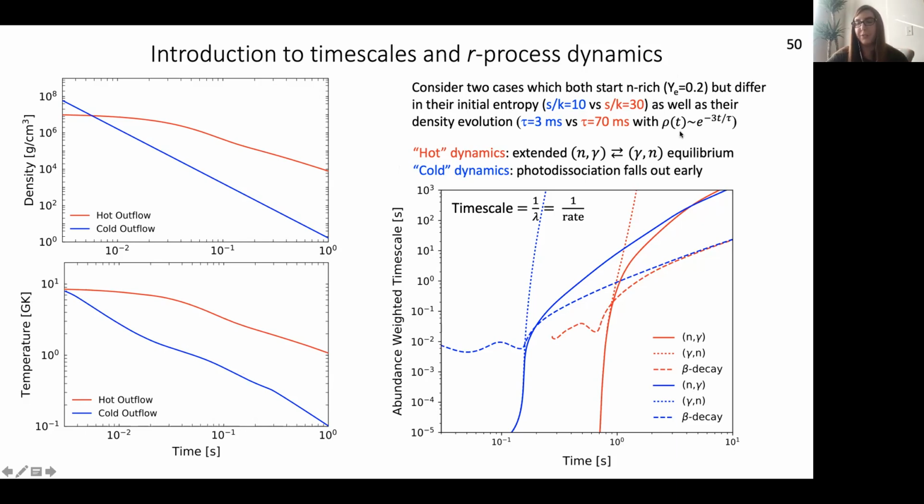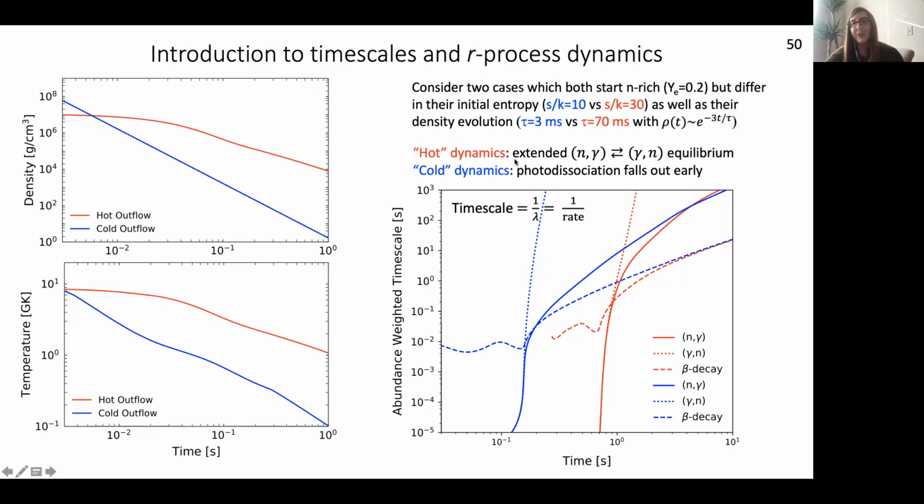It has a Ye of 0.2, so it's not something that really gets into the fissioning regions. But what I want to look at is the fact that these two are very, very distinct types of astrophysical outflows. This one is, in slang terms, a hot outflow, and this blue one is, in slang terms, a cold outflow. So what does that mean?